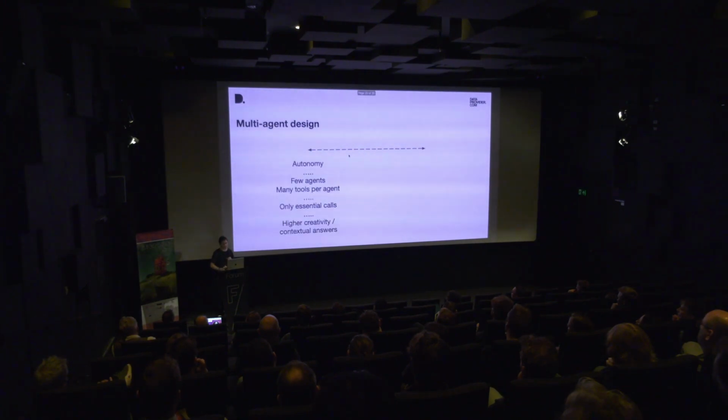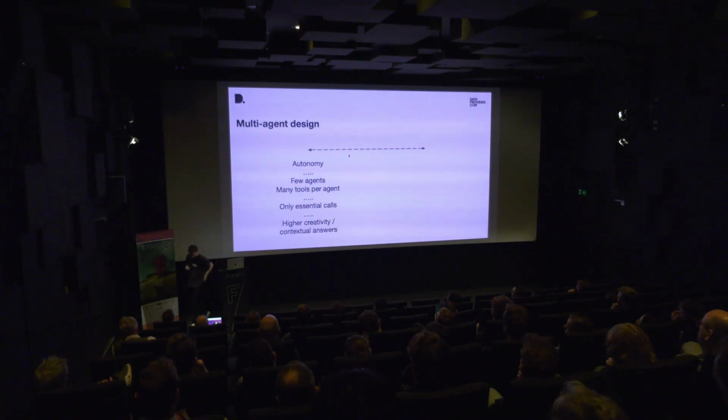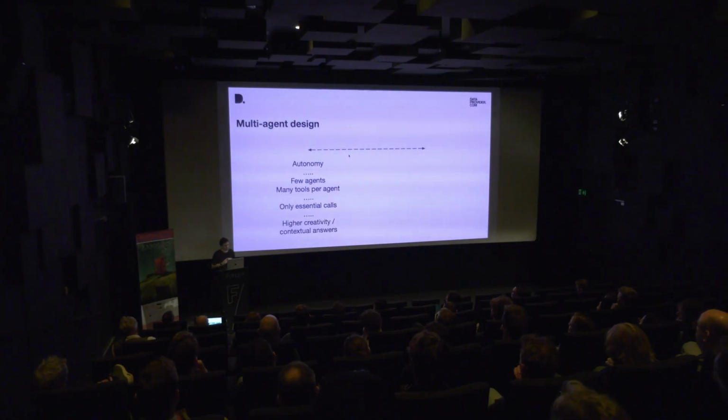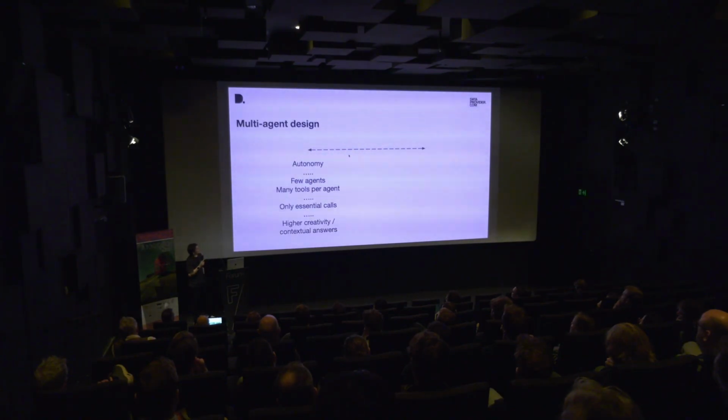But the MCP approach can definitely be called more of an autonomous system. There's one brain, and it has these tools, and it can use them in whichever way it sees fit, based on their descriptions. And it does actually pretty well.